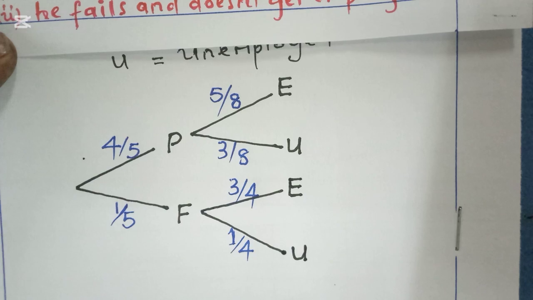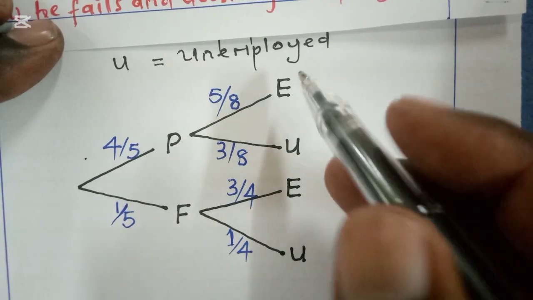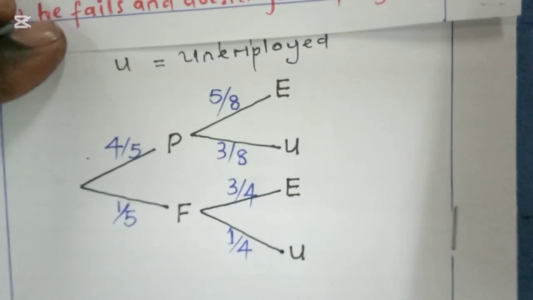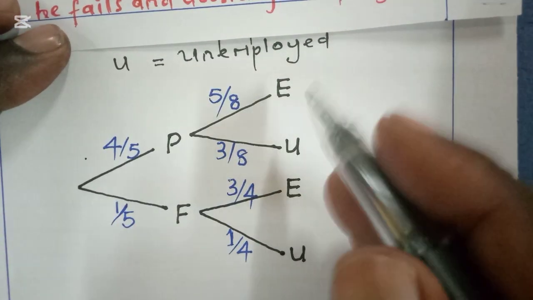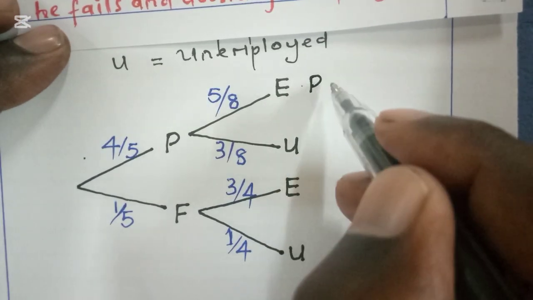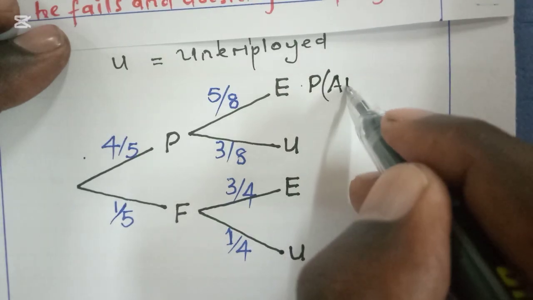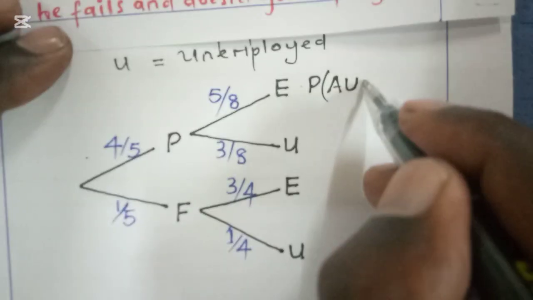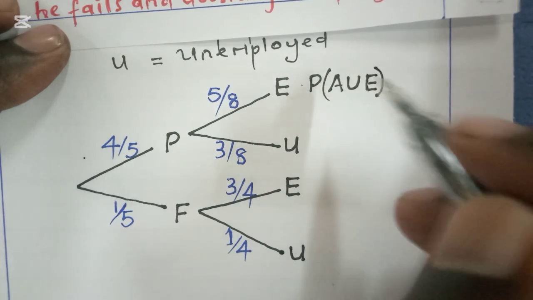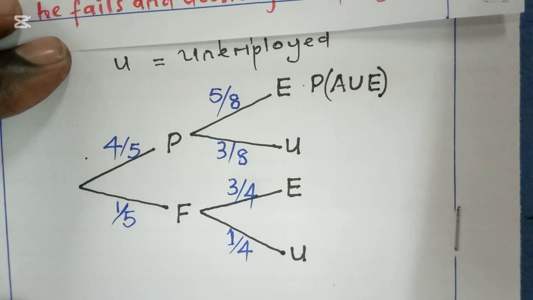So from there, guys, we can now get our probabilities. The probability of passing the exam and being employed should be given by 4/5 times 5/8.